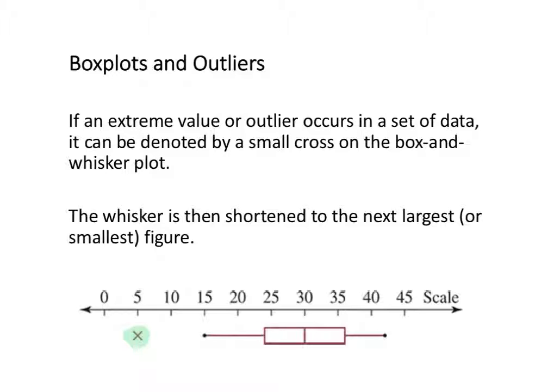In the example, there was an outlier of 5, and then the next number after that wasn't until 15. So the whisker ended on 15, and we mark 5 with a cross.